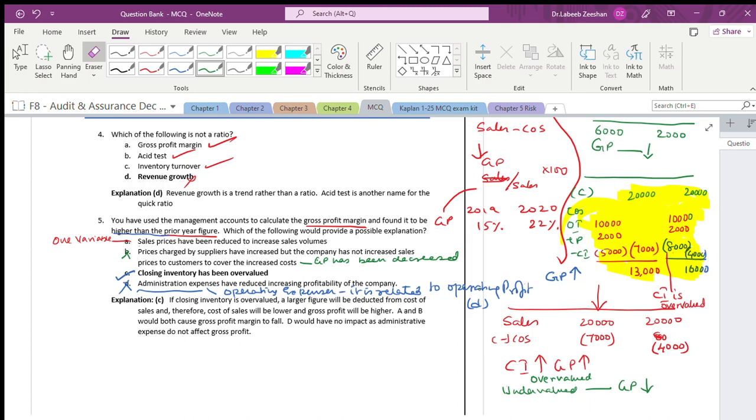Unless you put the figures with explanation, it is very difficult for us to understand. Is it clear?